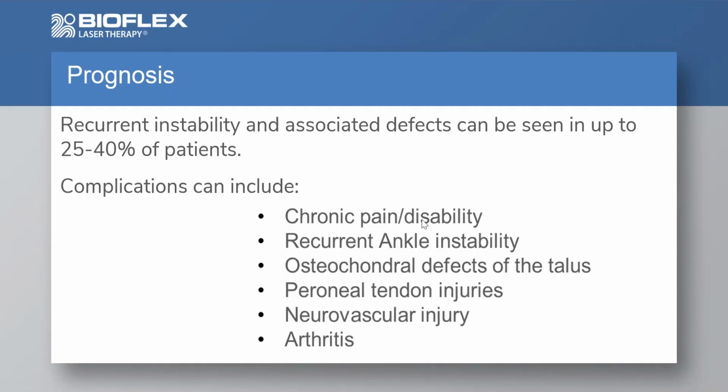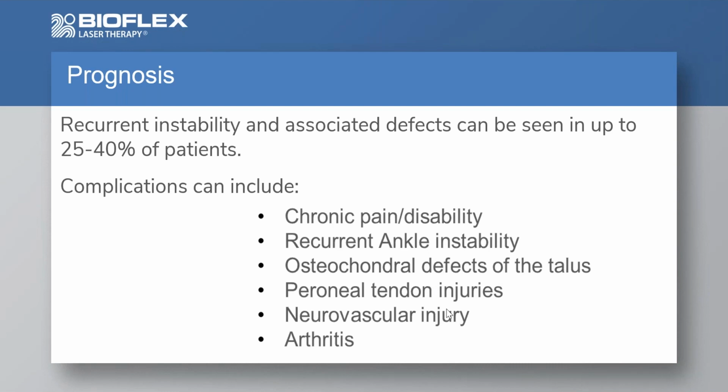Now, recurrent instability and other issues can be seen in up to over a third of patients, and these complications can include chronic pain. I've seen a lot of patients that have had ongoing ankle pain secondary to ankle sprains, and it's a real problem. There can be recurrent ankle instability, especially if there's significant tear in the ligaments. There can be osteochondral defects in the talus. There can be peroneal tendon injuries.